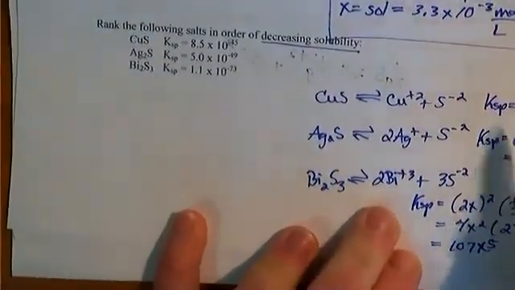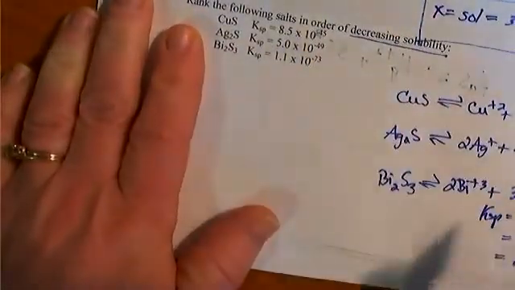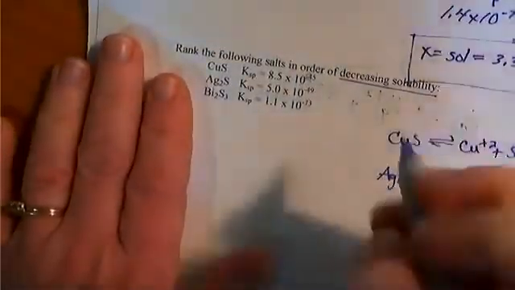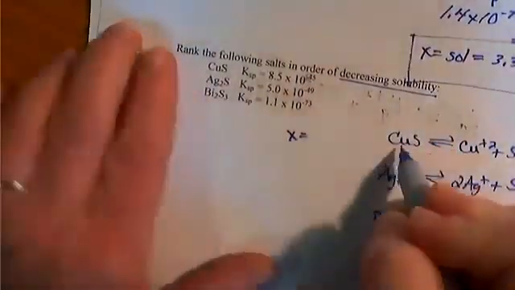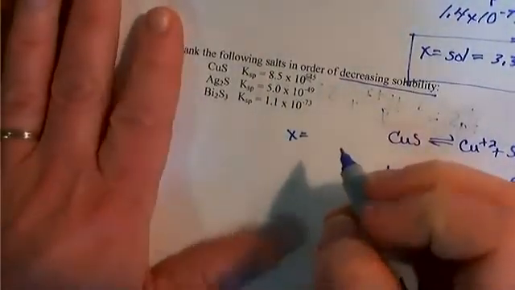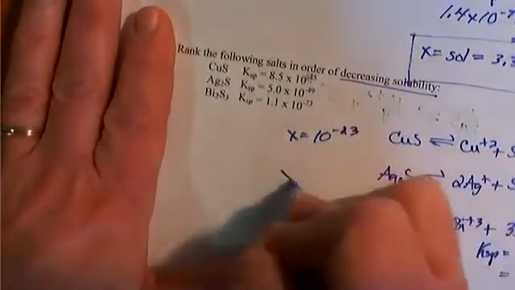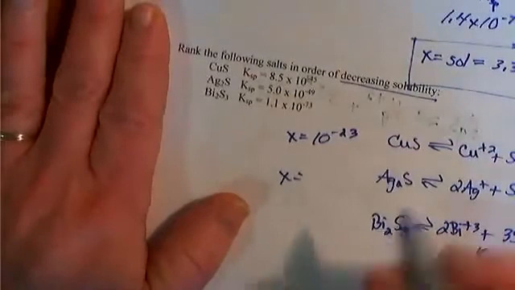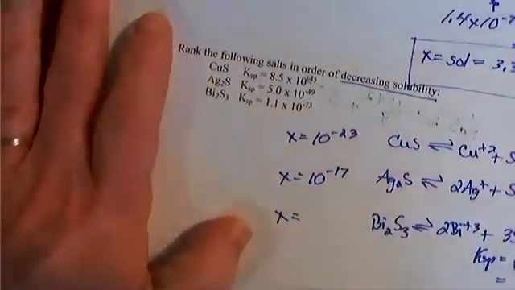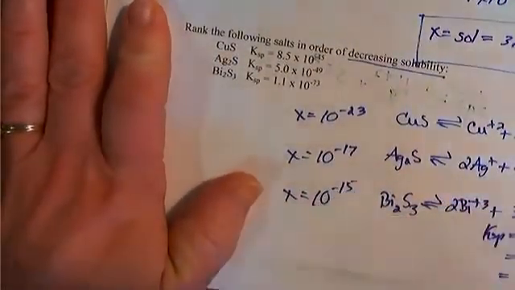And then if we actually go ahead and plug in our Ksp values and find x, the solubility for copper 2 sulfide is actually 9.2 times 10 to the negative 23rd. The x for silver sulfide will be 10 to the negative 17th. And for the bismuth sulfide, it's 10 to the negative 15th.